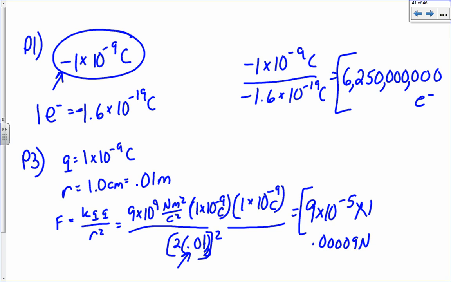You get 2.25 times 10 to the minus 5. So if I double the separation, I get 2.25 times 10 to the minus 5 newtons.